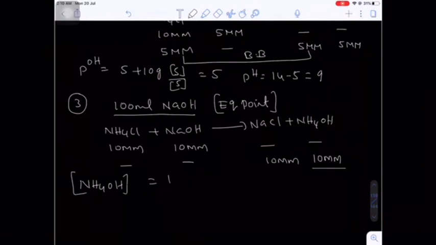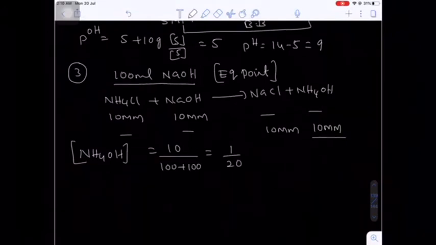Now here we are calculating the pH of a solution with respect to ammonium hydroxide. What is the ammonium hydroxide concentration? 10 millimoles divided by the total volume, 100 ml plus 100 ml, that is V1 plus V2, 200 ml, so you have 1 by 20.